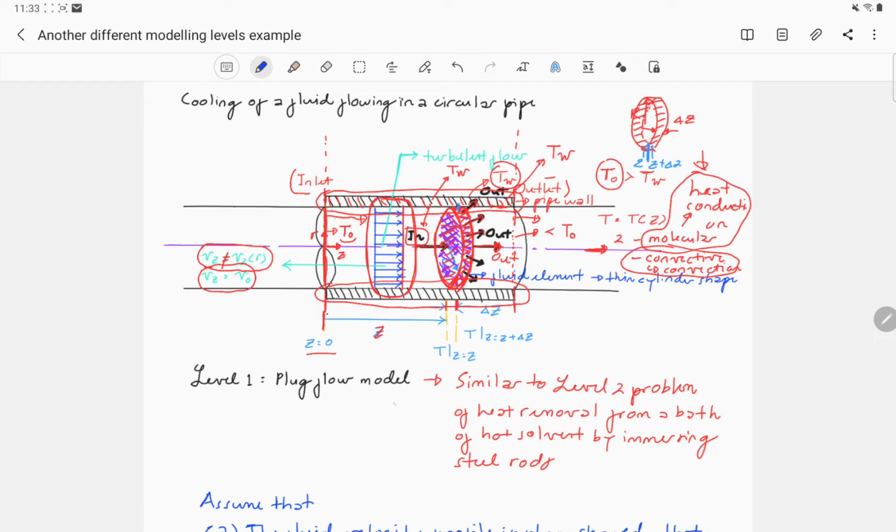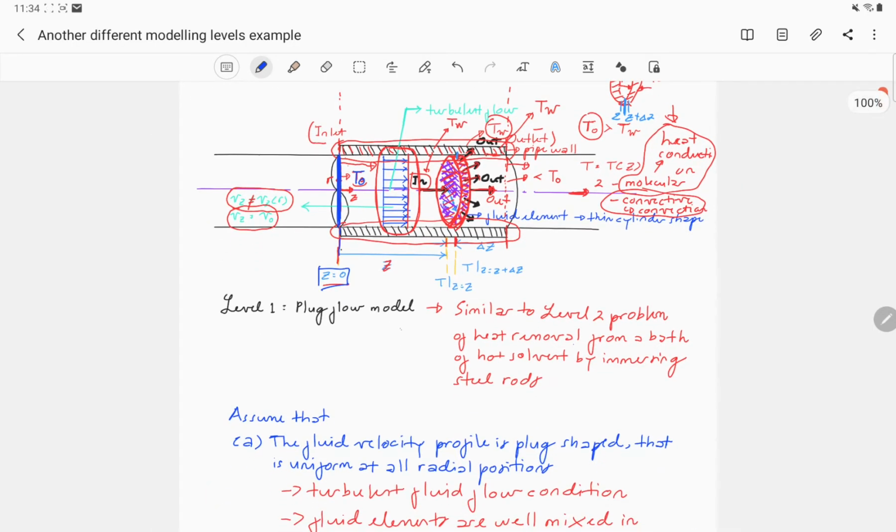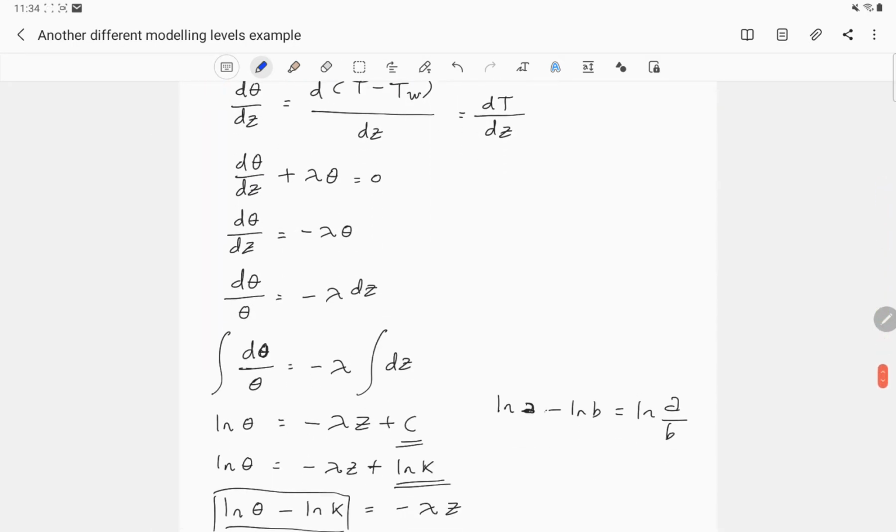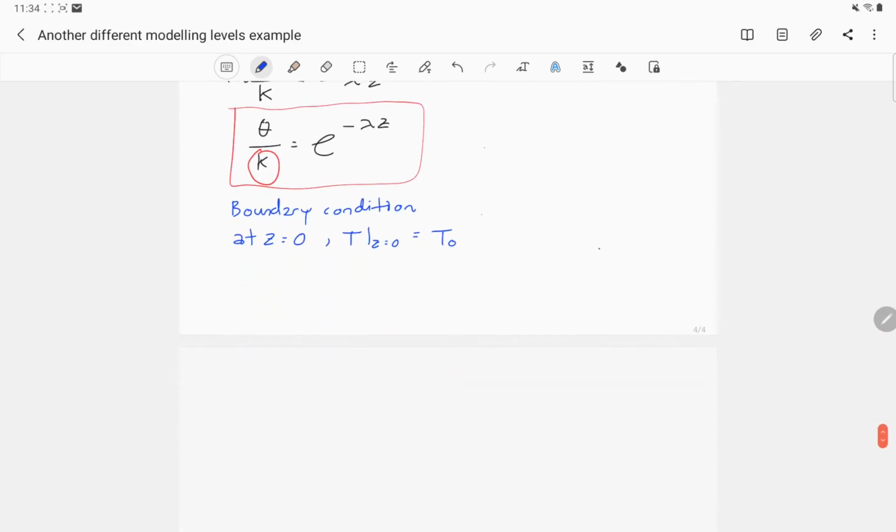So at this particular position, at z equals 0, the temperature of the fluid at this particular coordinate, all of it, is equal to T naught. Okay, so that will be reflected in our mathematical expression.